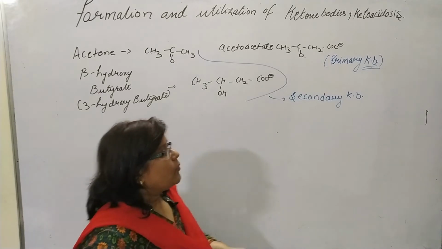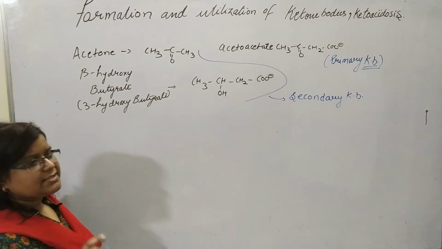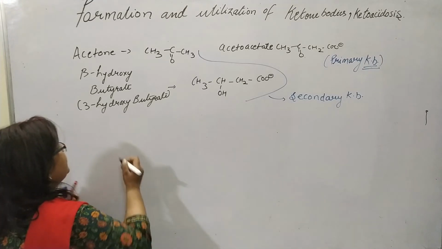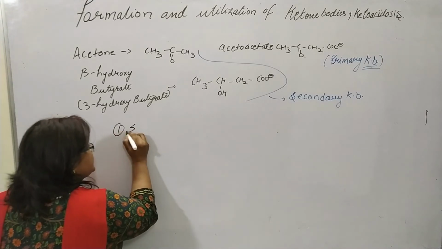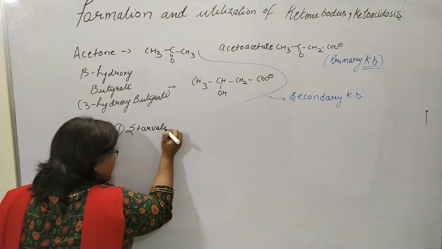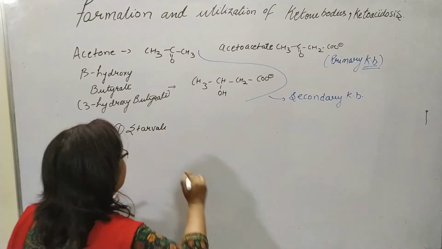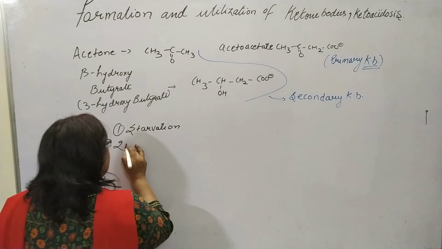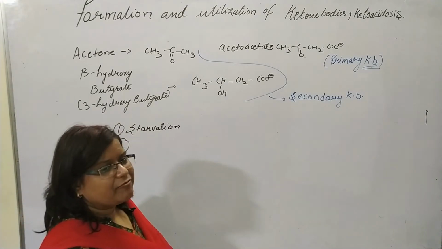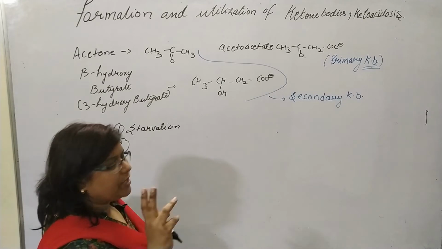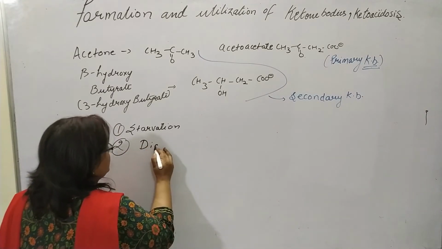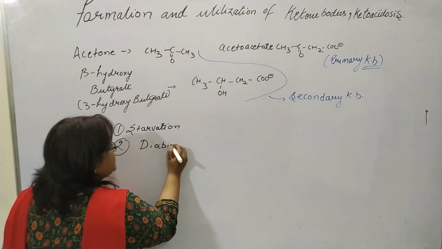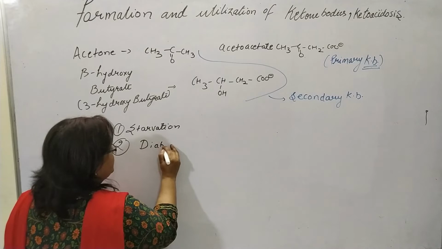Here the ketone bodies are formed uncontrollably during two clinical conditions mainly. They are formed in our body normally, and no doubt they are a source of energy, but if they are forming in excess, then surely two conditions are responsible: first is starvation, and second is diabetes mellitus.